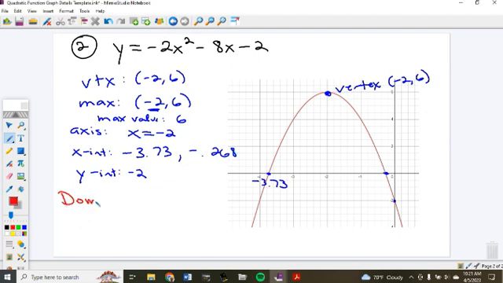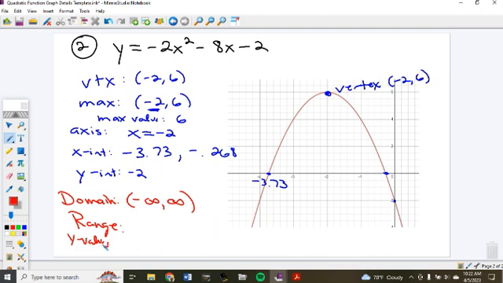Now, the last thing I want to talk about that we haven't talked about yet today is domain and range. The domain of this function is the x values where it exists. Well, this one exists everywhere. It exists from negative infinity to positive infinity. We call that an interval. Every single x value it exists at. The range, these are y values.